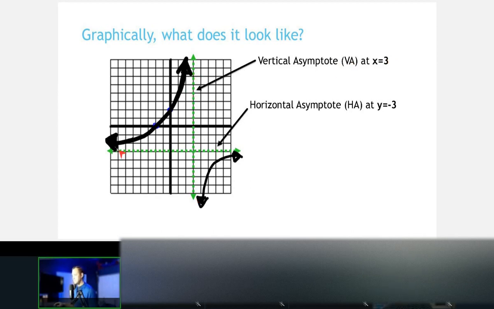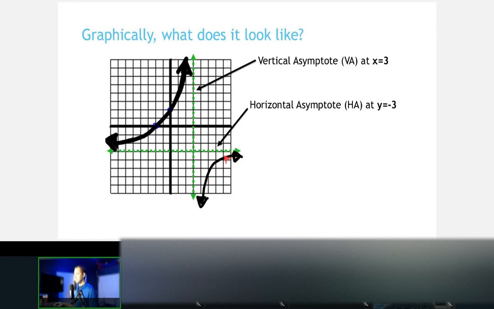And then for this HA, horizontal lines are always in the form of y equals some number. So in this case, this looks like -1, -2, -3. So this is y equals -3. That's that HA equation. The same thing with HAs. Your graph will approach it, but it will never cross over.